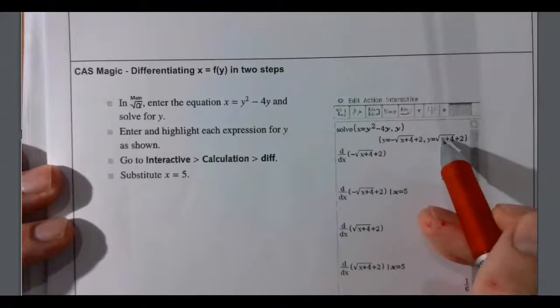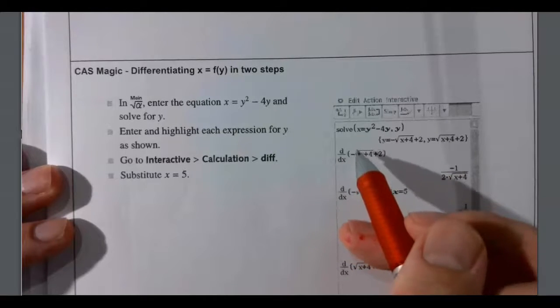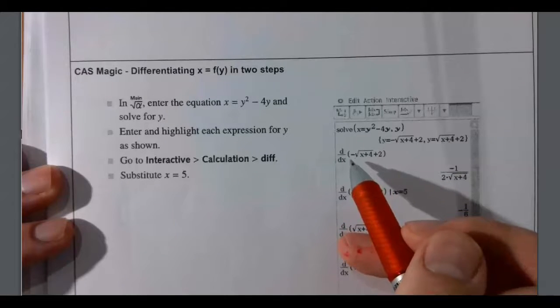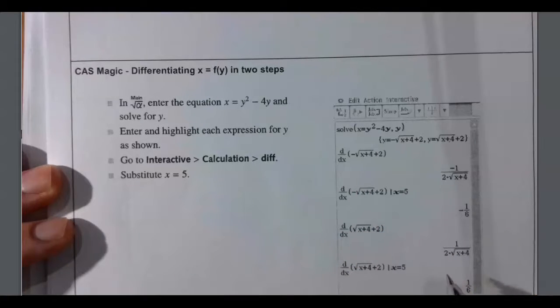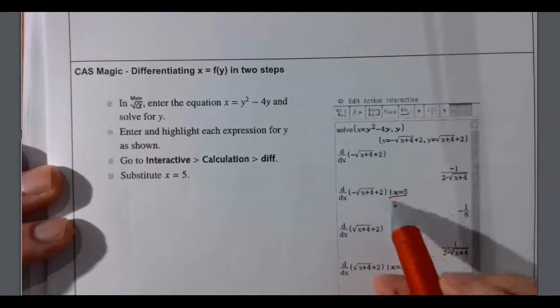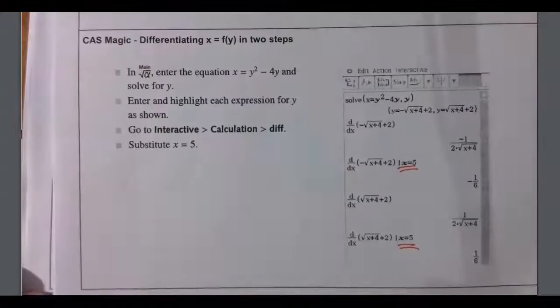And then once we've got those, we would differentiate with respect to x, showing that our calculator is really set up to differentiate with respect to x, giving me the 2 values when I specify exactly what value I am looking at.